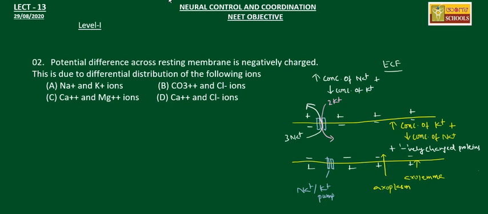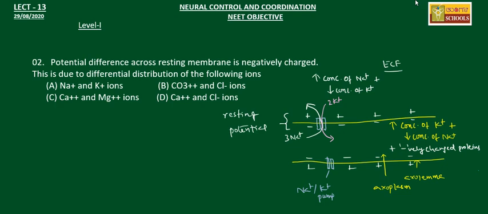Because of this, it will have a positive charge on the outer side of the membrane and a negative charge on the inner side. This is at resting. When no impulse is conducted by the nerve, it is said to be in resting potential.